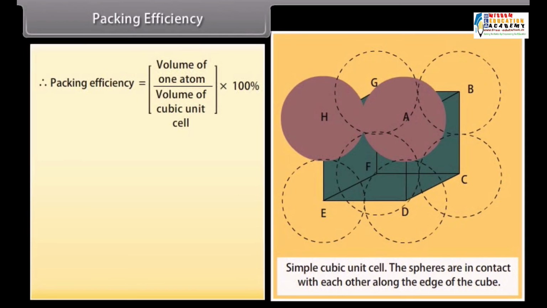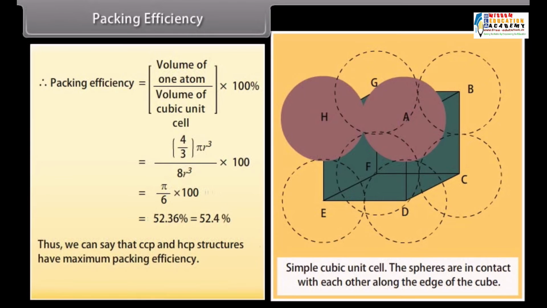Therefore, packing efficiency is equal to volume of one atom upon volume of cubic unit cell × 100%, which is equal to 4/3 πr³ upon 8r³ × 100, which is equal to π/6 × 100, which equals 52.36%, which is approximately 52.4%. Thus, we can say that CCP and HCP structures have maximum packing efficiency.